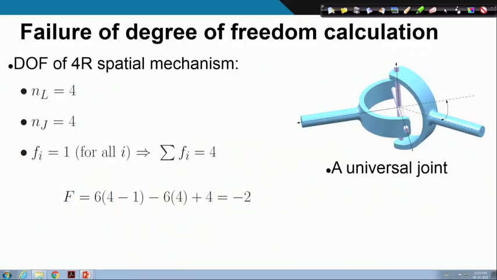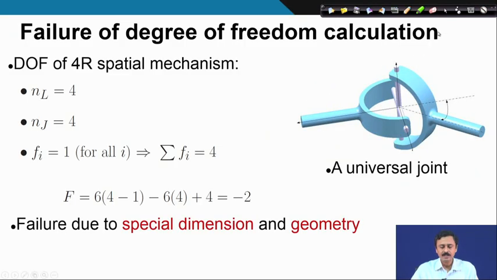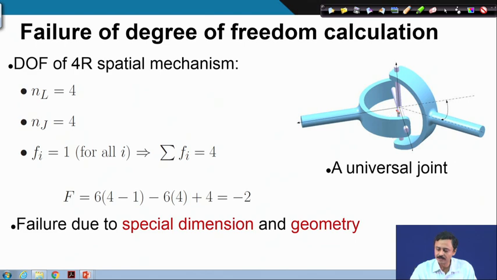Now, why do we have failure then? Because of very special dimensions and geometry. Now, remember that there are very special angles here. For example, between these two axes of the two revolutes, it is 90 degrees.